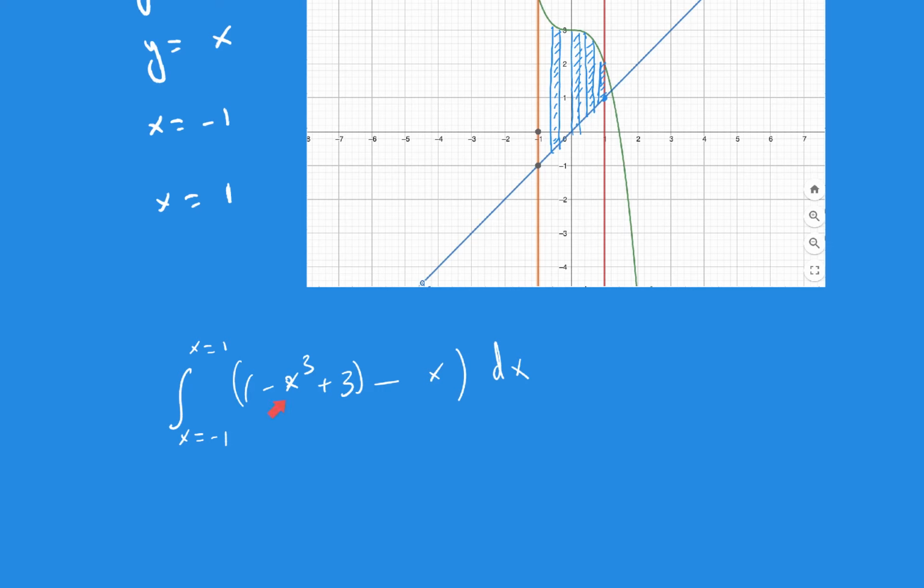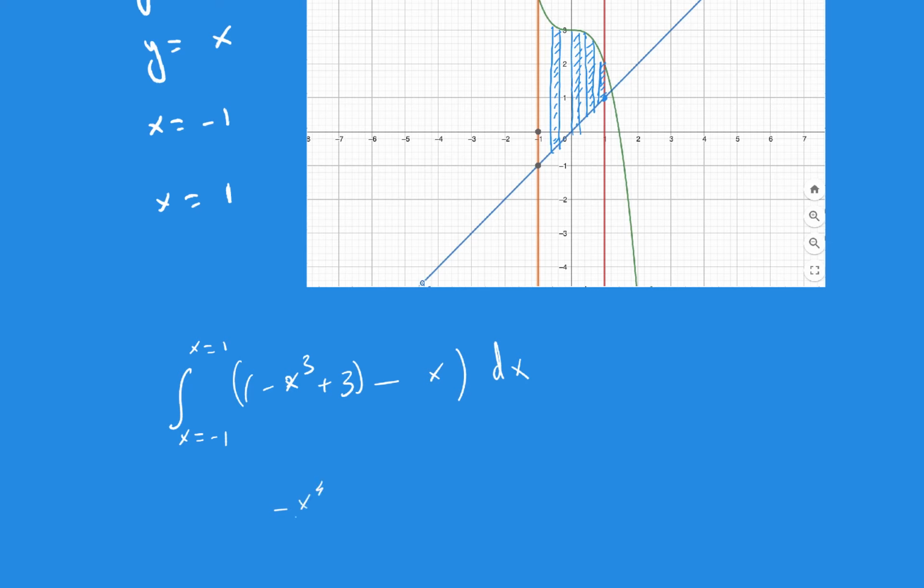It will be minus x⁴ divided by 4 plus 3x minus x squared divided by 2, and everything you evaluate between minus 1 and 1, and the problem is done. Well, let's do it.